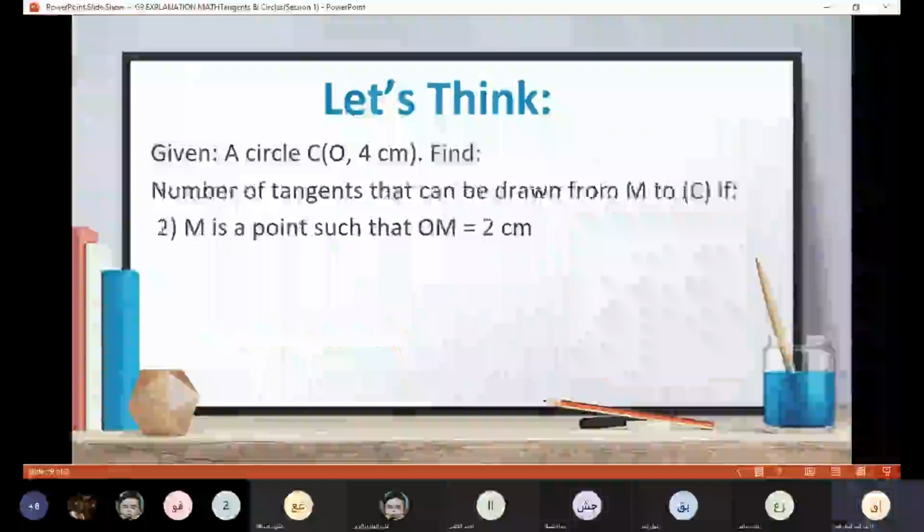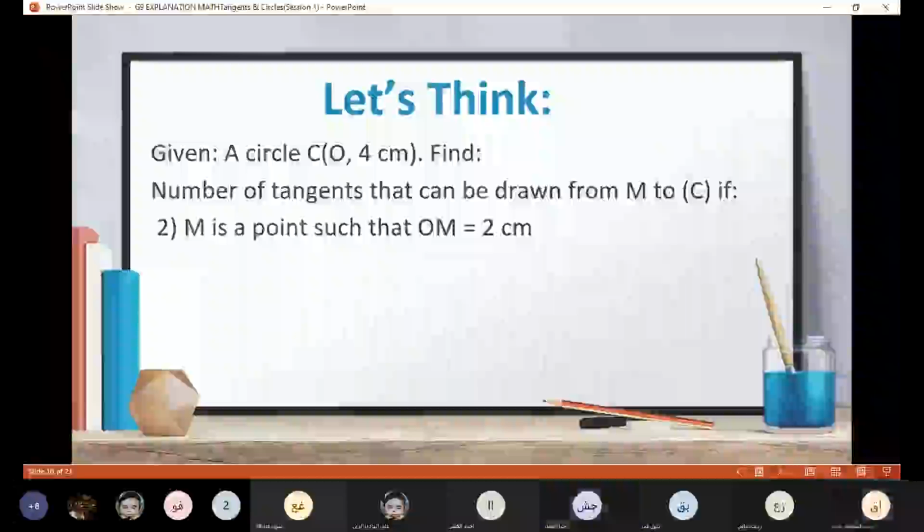Let's think again. Who reads this one? Jawad, can you read this? Please read it.